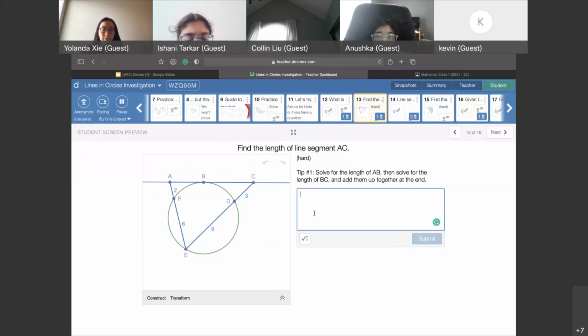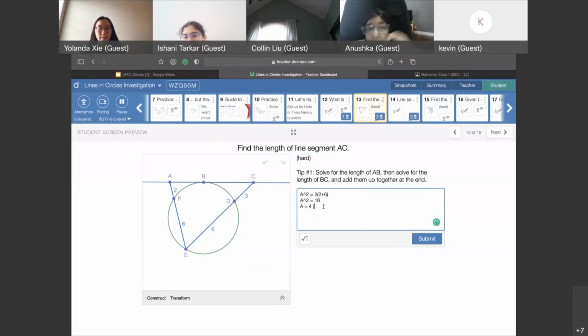So we set up the formulas: A squared equals 2 times 2 plus 6. So then A squared equals 16, so A has to equal 4. And A right here is the length of AB.